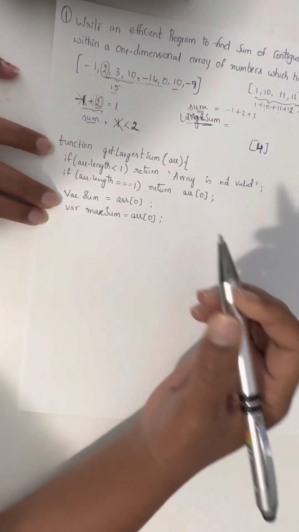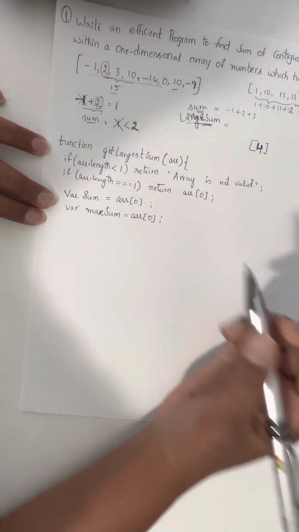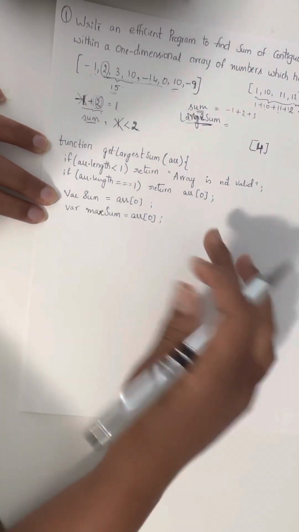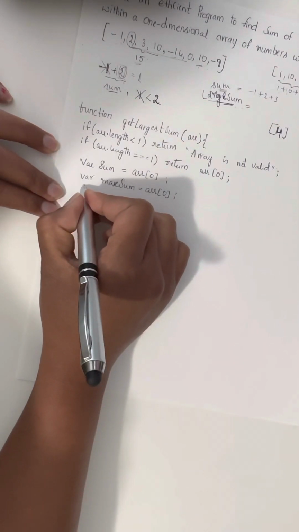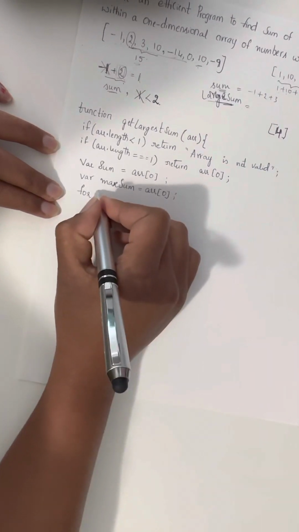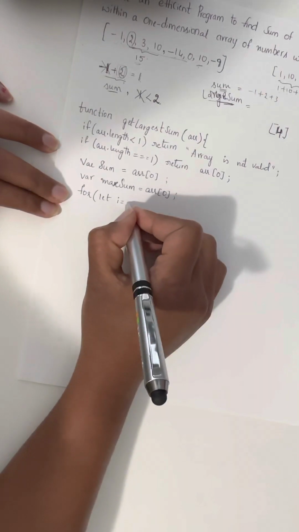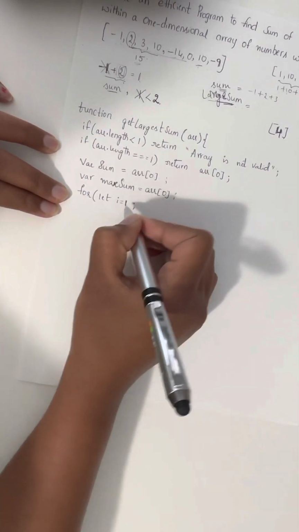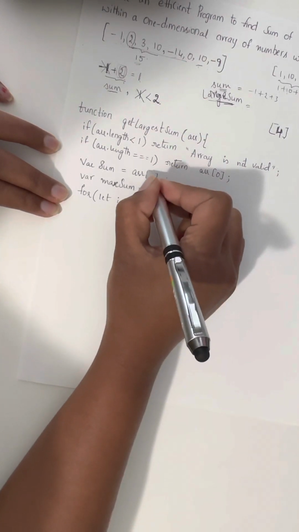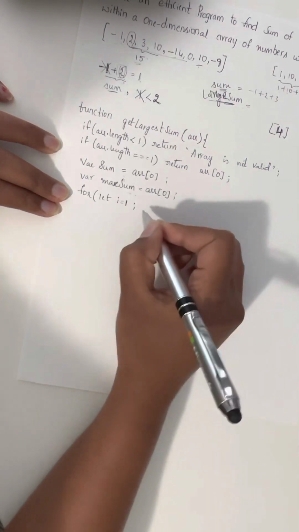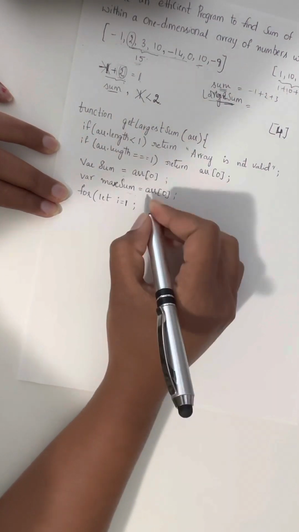So whatever the first element we have in the array, we assign that number to both of them. Now let's write the loop. We are using the for loop, and it's going to start from index 1, because we already have the element at index 0 in the sum and the maximum sum, right? So we are going to start from index 1.